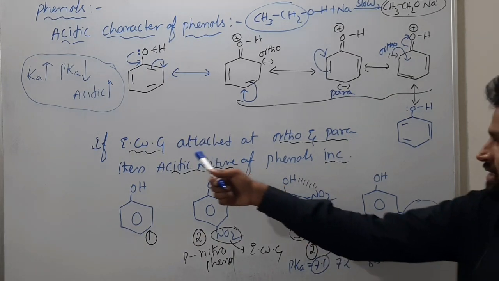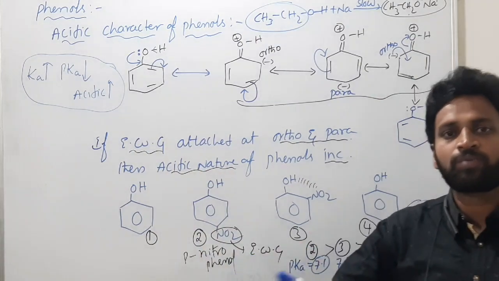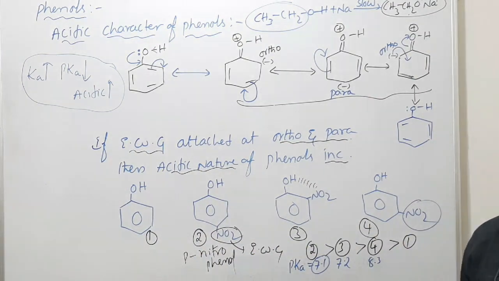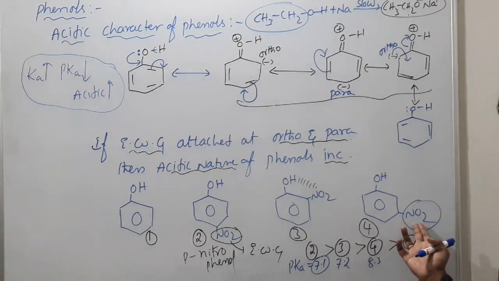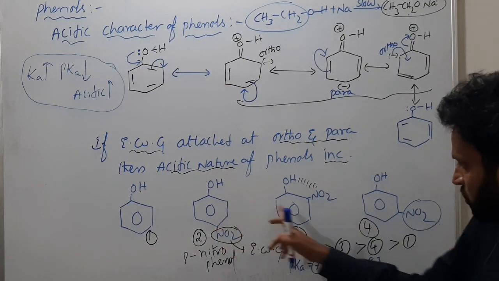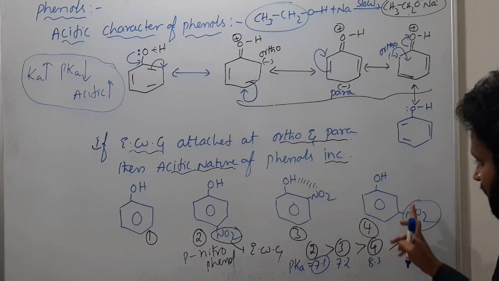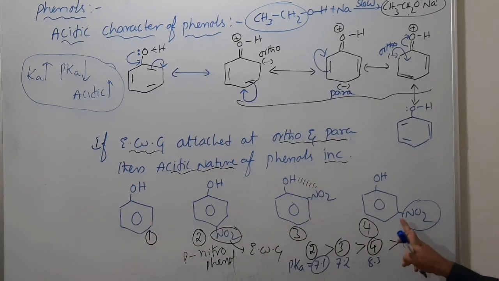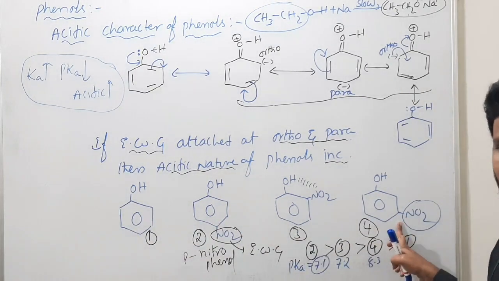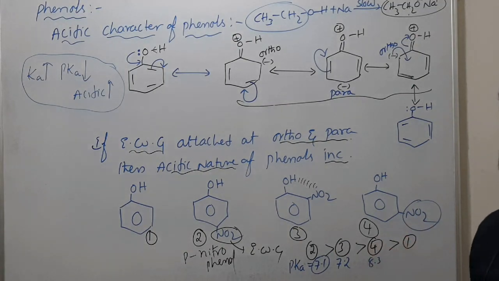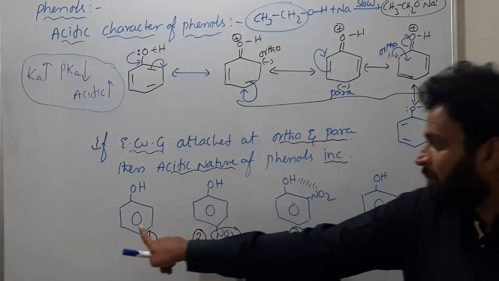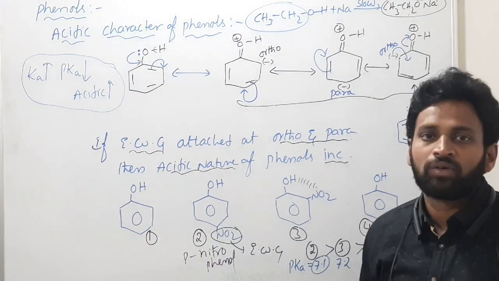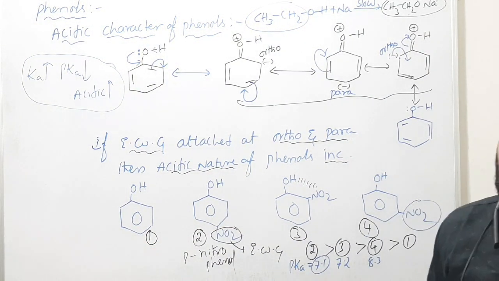But as I said, if electron withdrawing groups are at ortho and para, then acidic character increases. Here meta is there, so it is less acidic than these two, but than phenol, meta-nitrophenol is somewhat acidic because the NO2 group is present, whereas in phenol there is no electron withdrawing group.